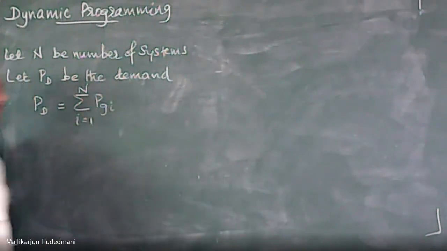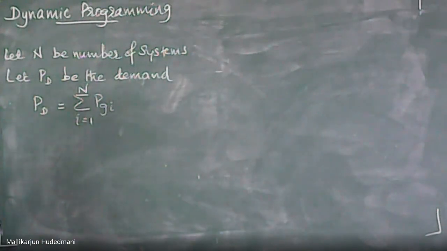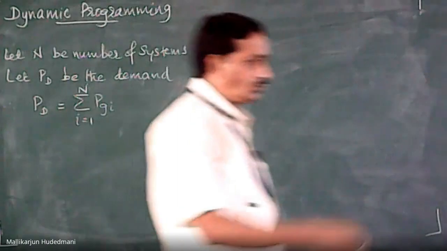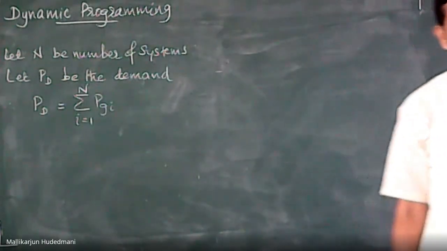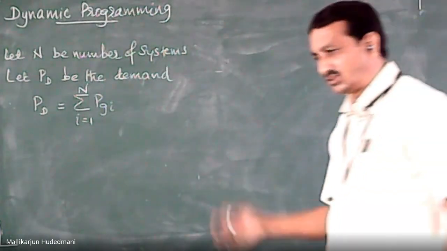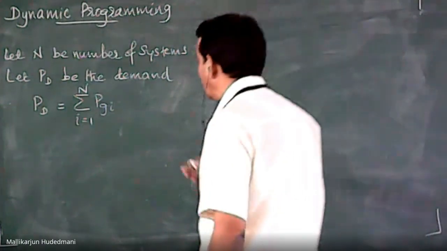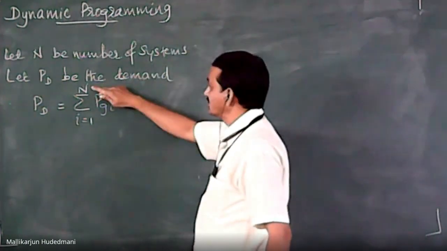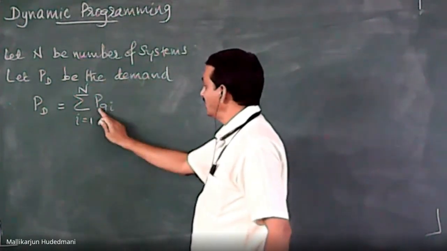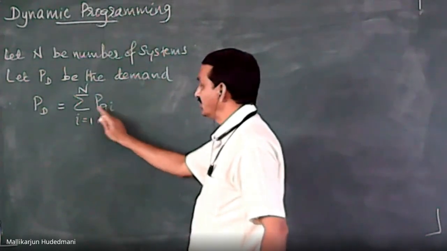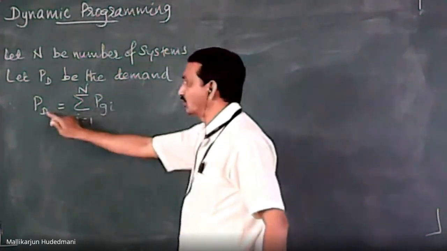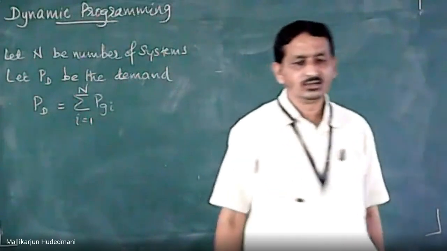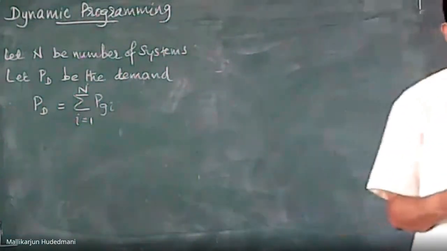It means the total megawatt I obtain from generator 1 plus 2 plus 3 till the last unit: PG1 plus PG2 plus PG3 plus PGn should be equal to PD. That's the case study. So this is the situation.